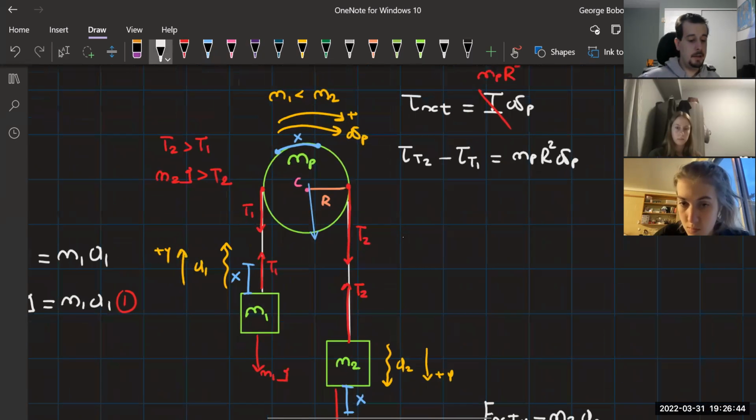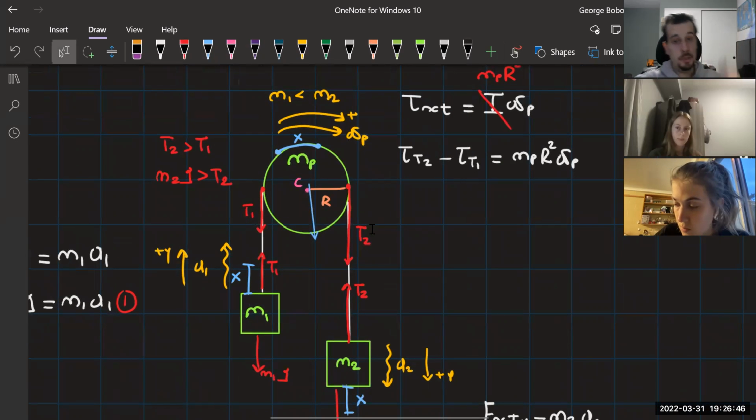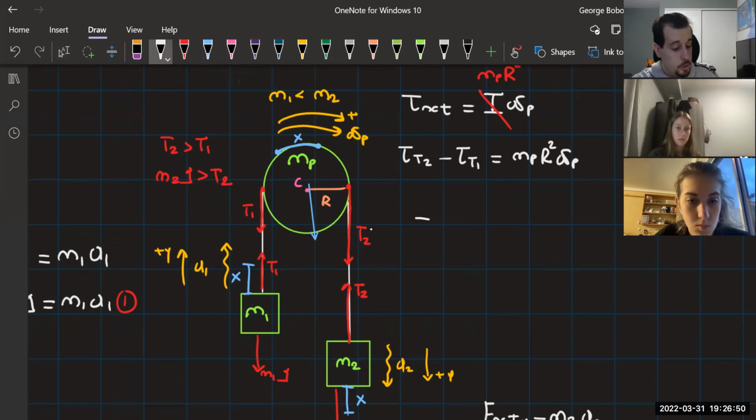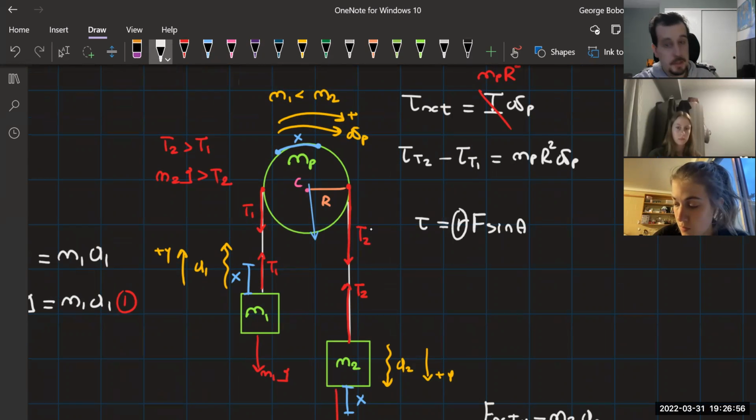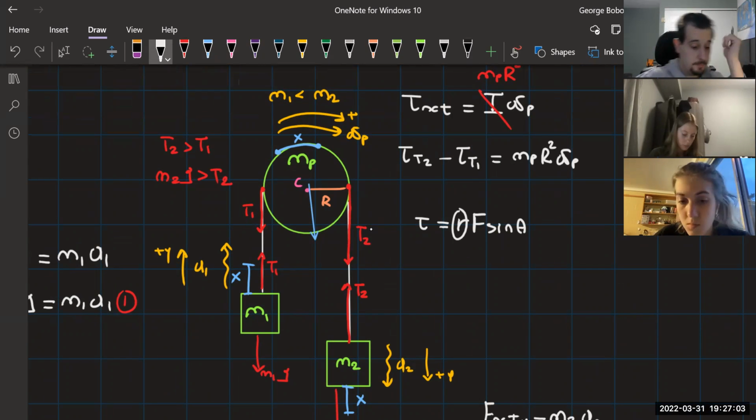Now the torque aspect. We've got to fill in the size of each of these torques. On our equation sheet, we know that the size can be found by doing this. R is the distance from the pivot point to the position that the force is acting.